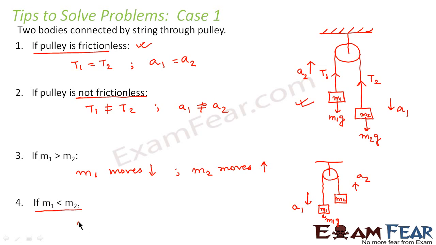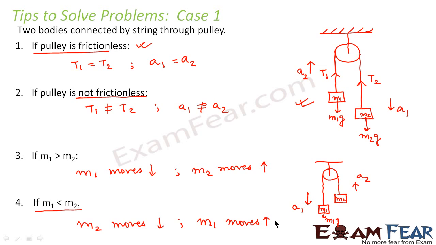So in this case M2 moves vertically downwards and M1 moves vertically upwards. So these are certain points which are universally true. So you should always keep them in mind before you go ahead to solve numerical problems.